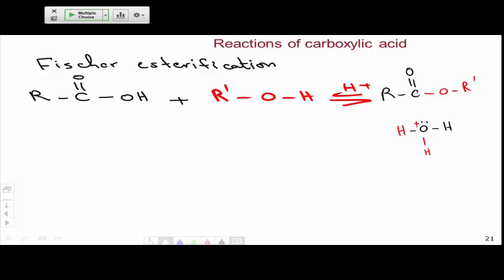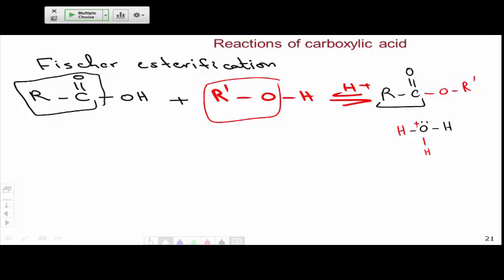So if you look at the way that I've written the product, this part is coming from the carboxylic acid, and this part of the ester is coming from the alcohol. So I'm adding carboxylic acid to an alcohol to end up with the ester.